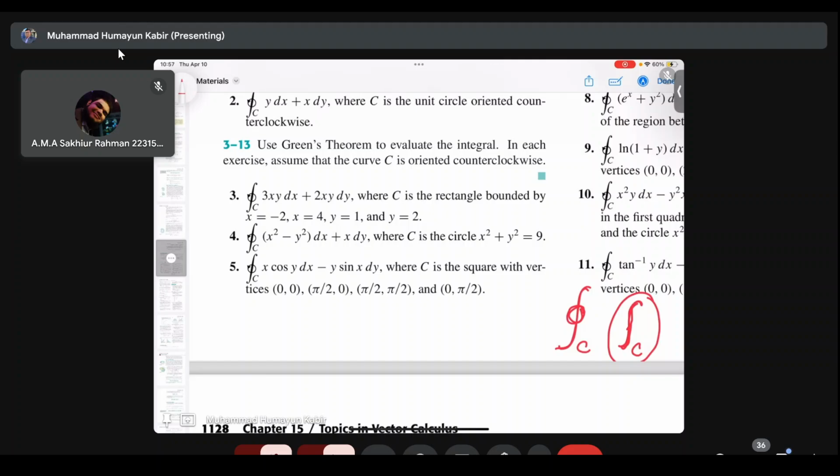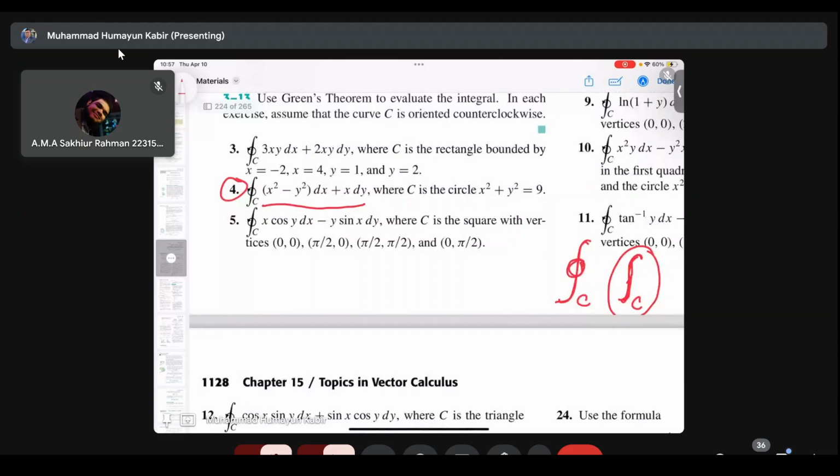Anyway, number 4 that I want to show. So number 4, look at here. This is the line integral that we want to solve. And what is f here? Can you tell me what is f? And what is g?